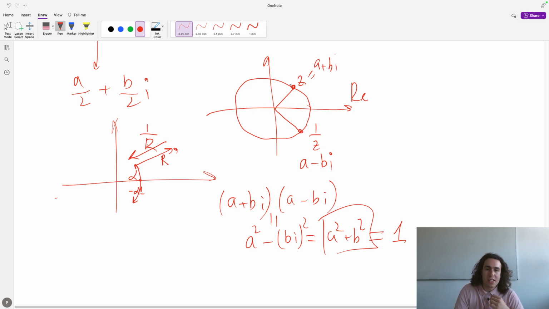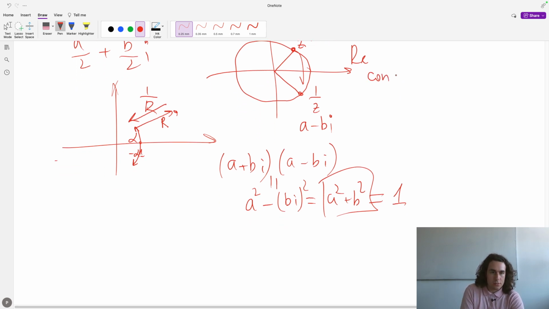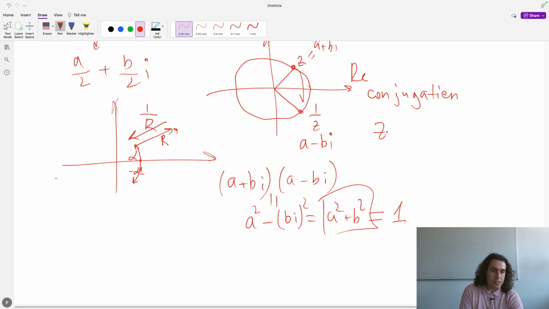This is exactly what we want. We want a number such that z times 1 over z is 1. And this operation of mirroring along the x-axis is called conjugation. So you have a number a plus bi, its conjugate, which is normally drawn like this, is a minus bi. Note that it's not always 1 over z, right?